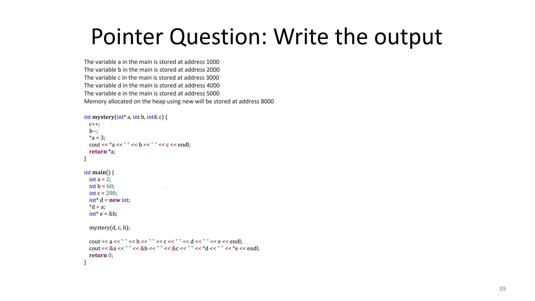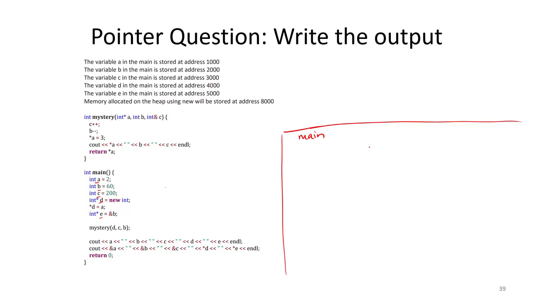Notice I'm given a lot of information about A, B, C, D, E in the beginning of the problem. So I'm going to go ahead and make an area in my workspace here. This is my main function. And in my main function, I know that my variables A, B, C, D, and E are declared inside main.